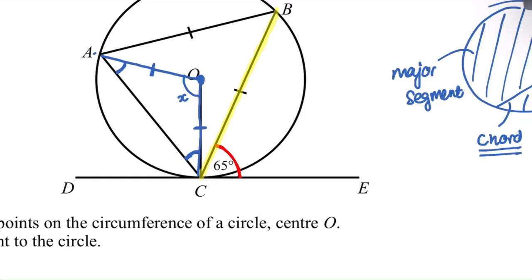The angle which is opposite it in the other segment is going to be equal. And the angle which is opposite this angle is this angle that we have over here. This angle is in the opposite segment to BCE. So we knew that this was 65 degrees. The angle which is in the opposite segment is over here. So that means this red angle that I've drawn is going to be 65 degrees.